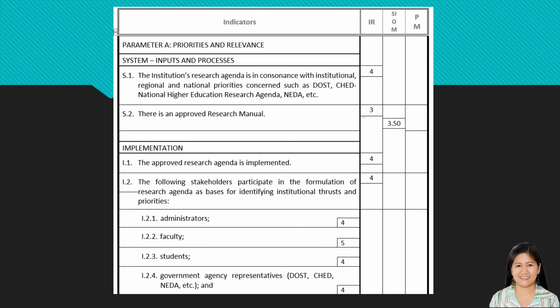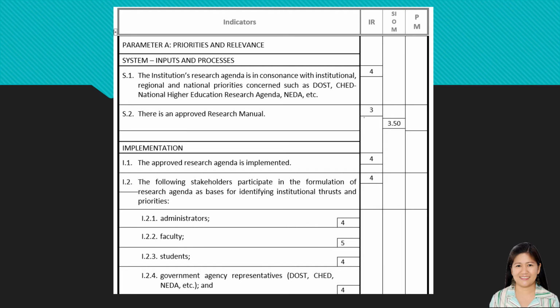So, item rating 4 and 3, ang kanyang mean ay 3.5. Sa implementation, yung number 2 ay yung I.2, mayroon siya actually 5 subheadings or benchmark statements. Okay?